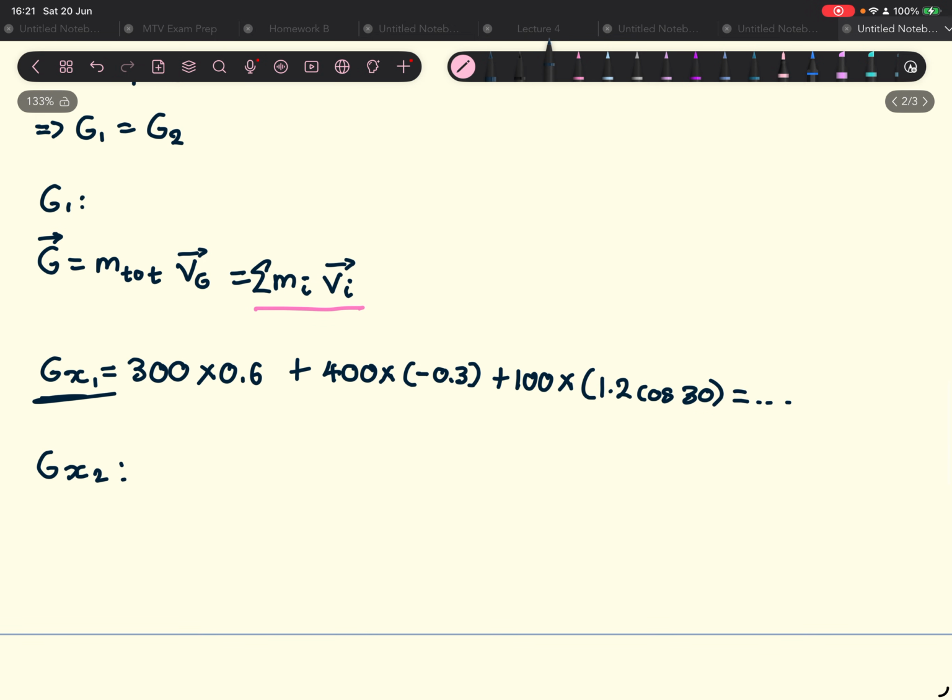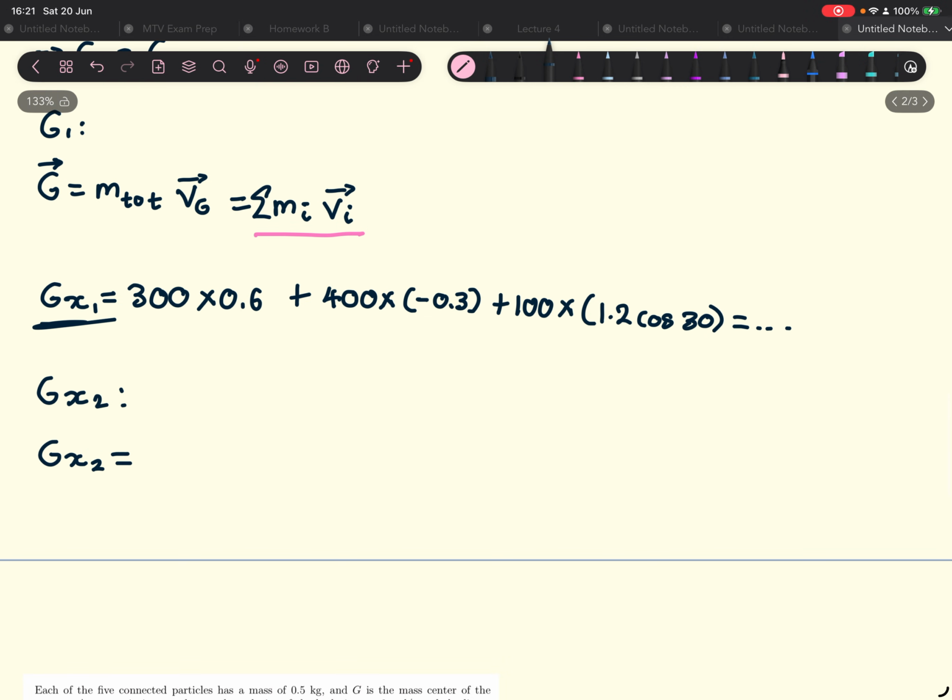And we don't know v in this case because it's what we're trying to solve for. So we know that gx2 is going to be equal to m total multiplied by vg, and m total is just going to be 400 plus 300 plus 100, and all of that multiplied by v.